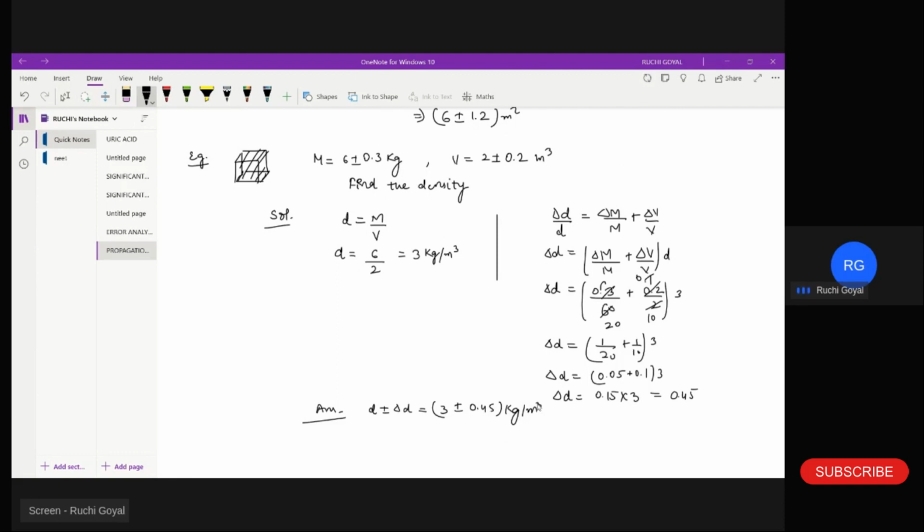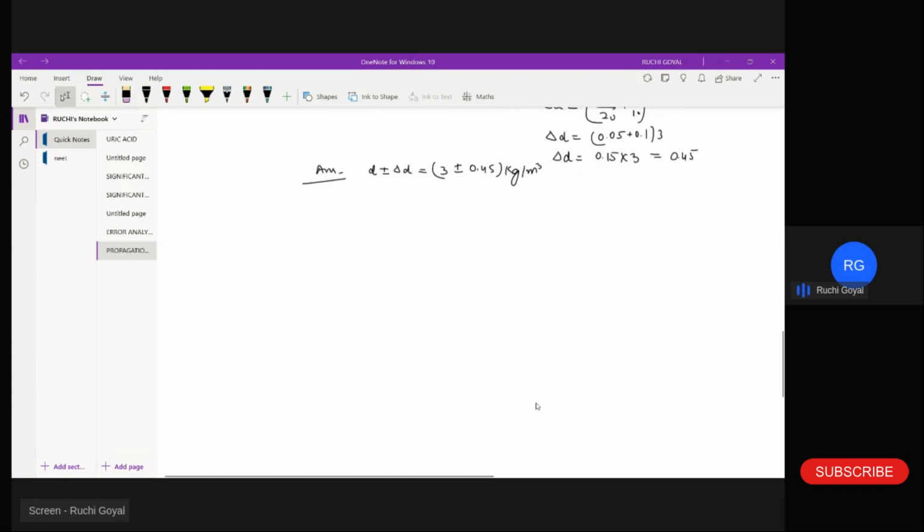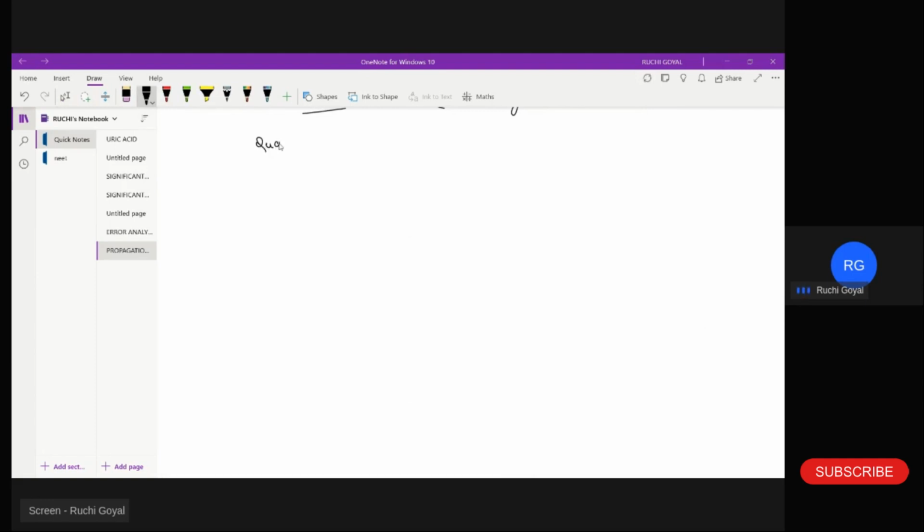Yes. Now, how to find the errors in the case of quantities having powers? We have studied about addition and subtraction. So if we have quantities raised to some power, then how can we find the errors in these cases?